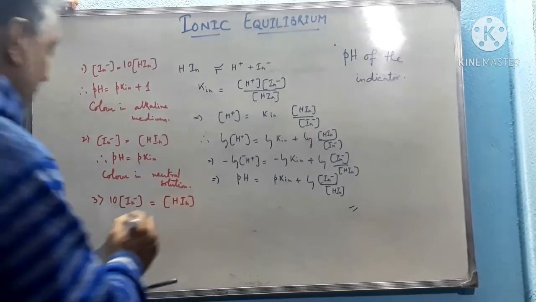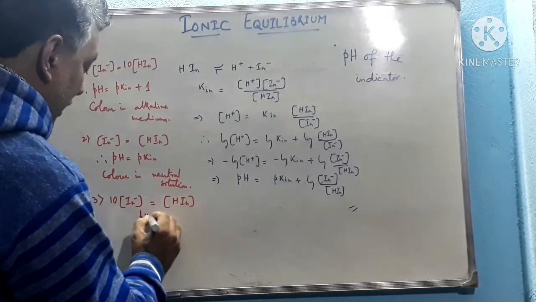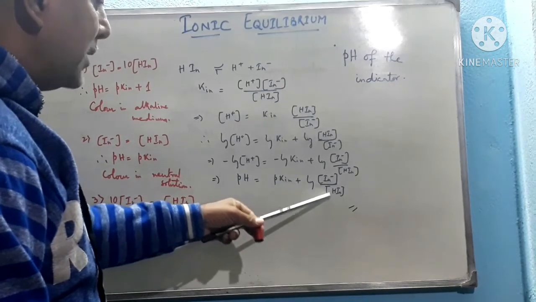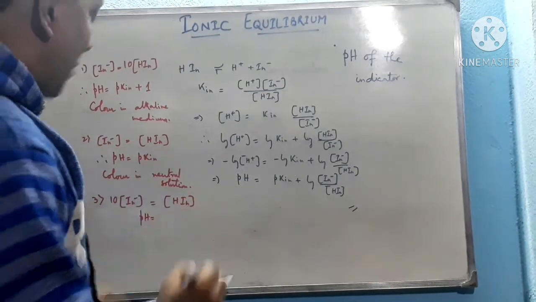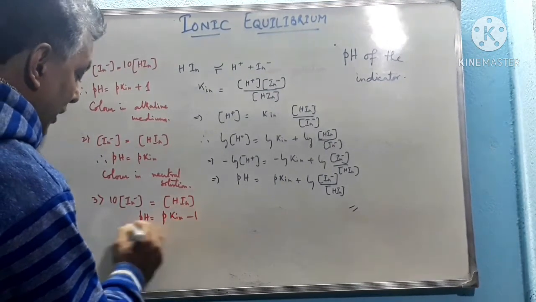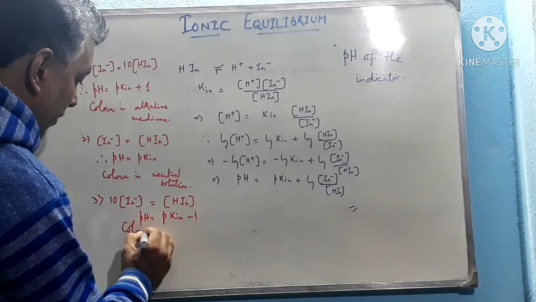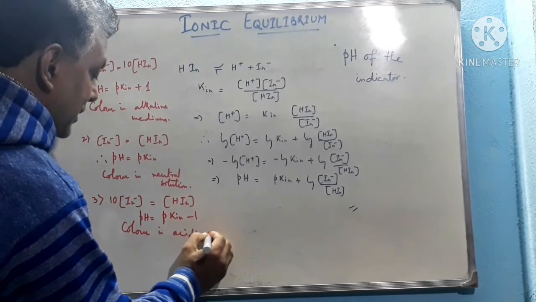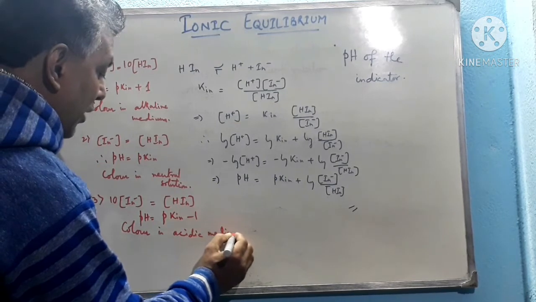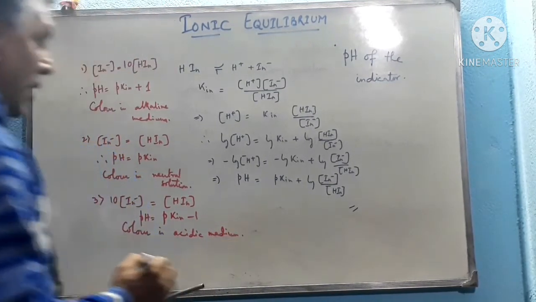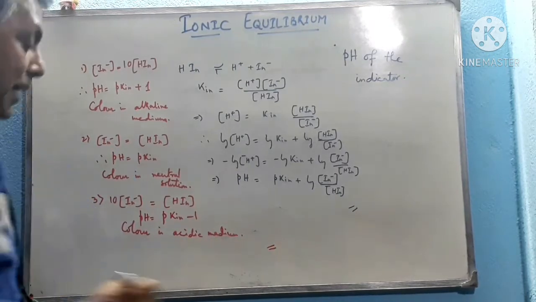In that case, instead of HIn we write 10 In-, so log of 1/10 means minus 1. So pH equals pK_In minus 1, which means the color in acidic medium. So these three are the conditions on which the color of the indicator depends.